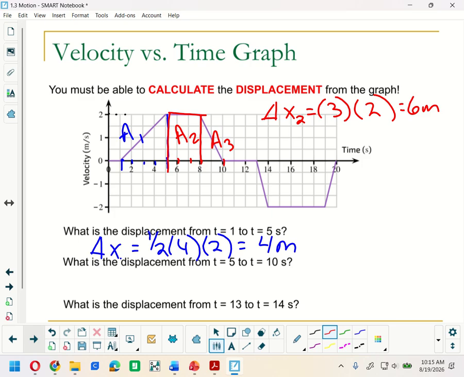Let's do the next one for the third area, because I'm asking for a total from 5 to 10. What's going to be the base from 8 to 10 here? 2. So it's 1/2 times base 2 times height, which is 2, which gives me 2.